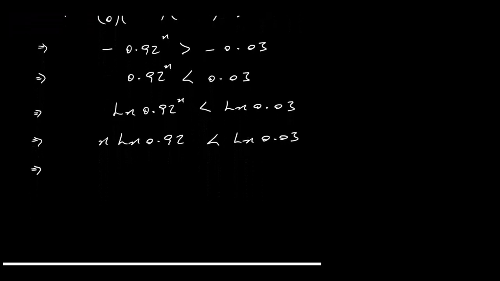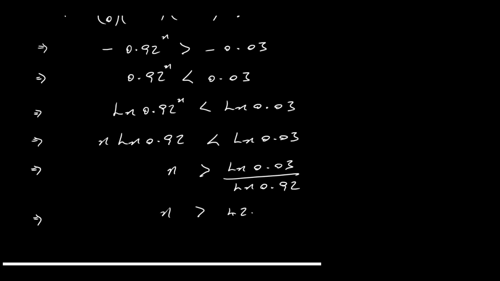Now remember, log of anything less than 1 here is going to be negative, so again you've got to flip that around. So you end up here with n is greater than log 0.03 divided by log 0.92. So when you work that out on your calculators, you should get 42.05.